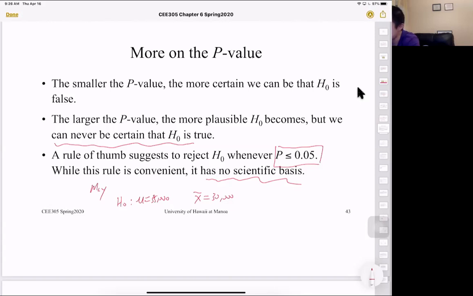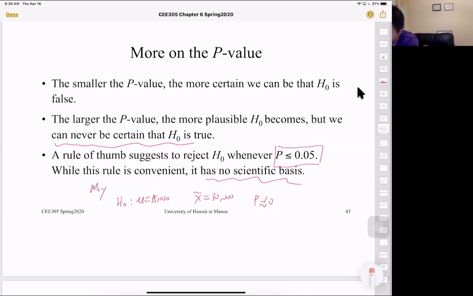So the p-value calculated based on that is very, very small, nearly zero. So we conclude if the claim of the mayor is true, the probability we observe such a low mean value of $30,000 is almost impossible.